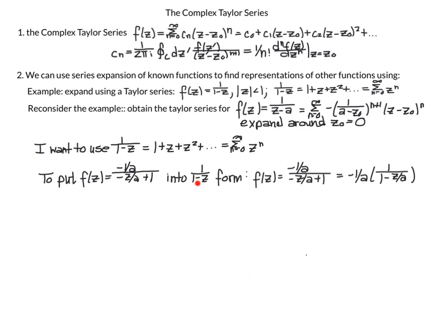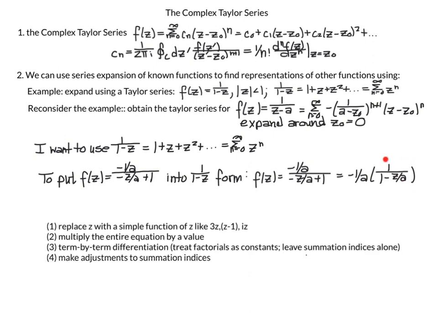It doesn't quite look like that, so let me do a couple more things. Here's my form. I'm going to factor out my minus 1 over a so that the top becomes a 1. And then I still have the bottom, and now I have 1 minus z over a. And this is a fine form.